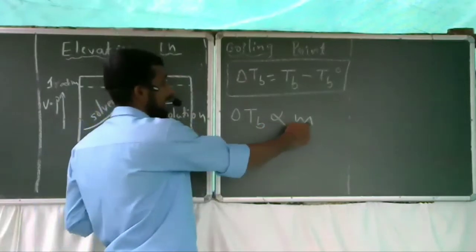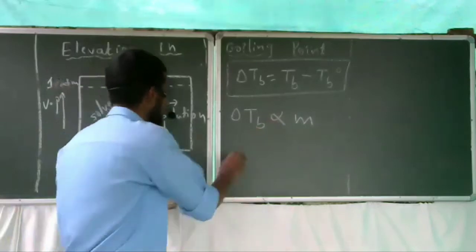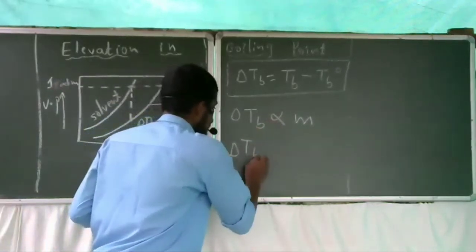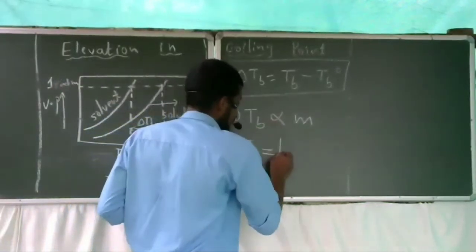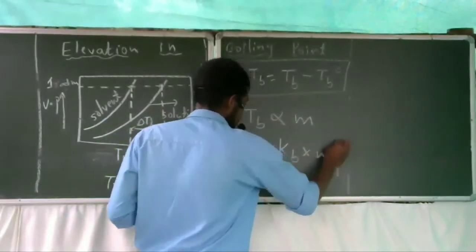So delta TB is directly proportional to m. We can remove this proportionality sign, then we can write delta TB is equal to one constant, that is Kb, into m, okay?